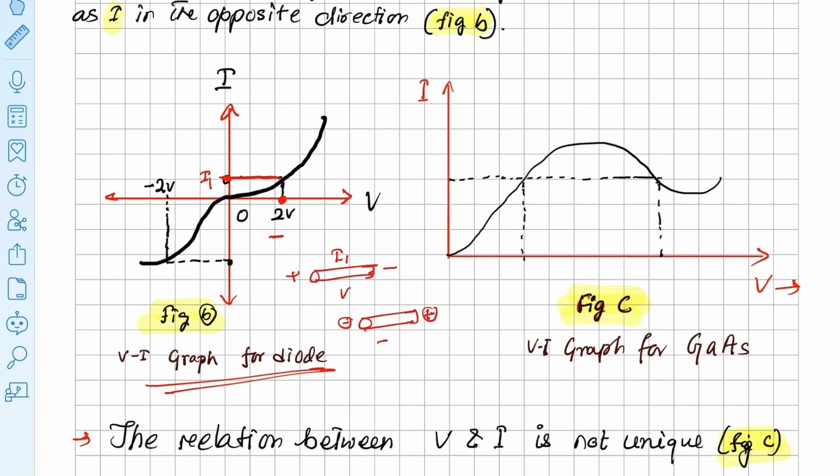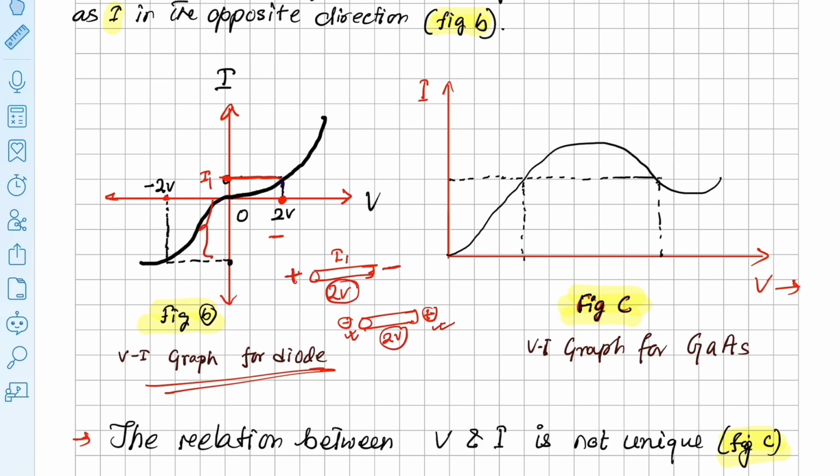Again, if you reverse the polarity, if you make it negative, it is positive, suppose now. So if you reverse the voltage, the same voltage, 2 volt, now in the opposite direction, but the negative sign represents that we have altered the polarity.